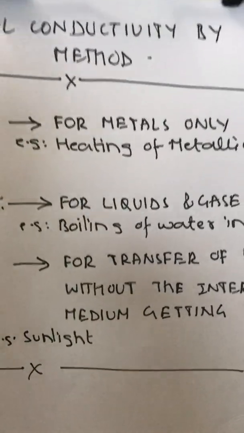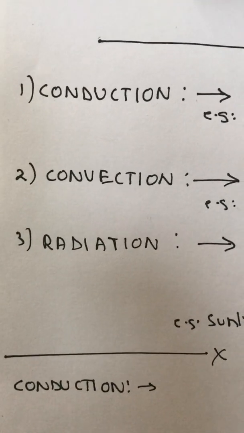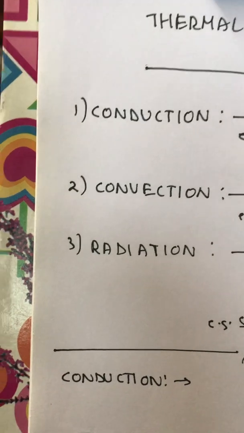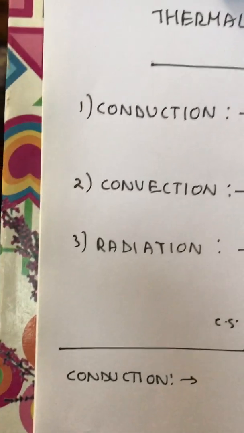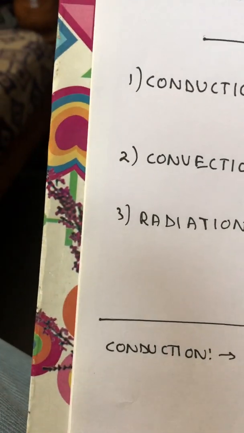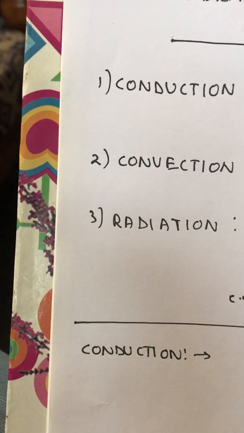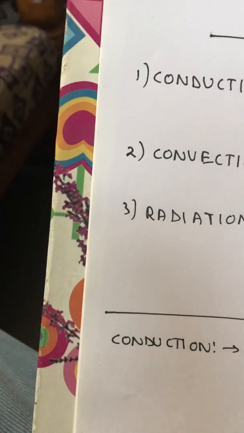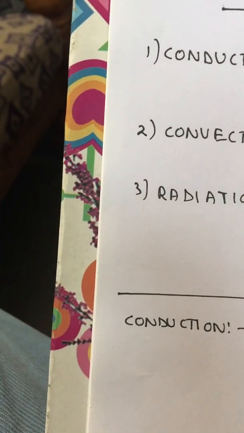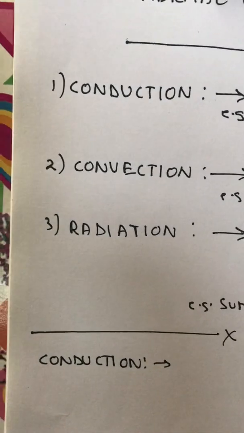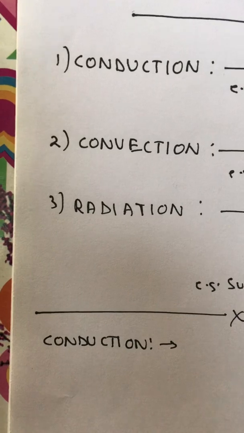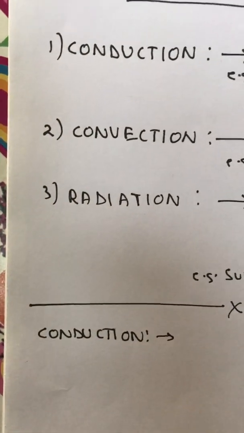And the very important thing for conduction is that there is no physical movement of the molecules of the metal. When the vessel was getting heated up, did you see the vessel shaking here and there? Or whenever you hold that rod in your hand, do you find that the rod is shaking or wriggling? No, it does not. That means in the process of conduction, there is no physical movement of the molecules. It is only the transfer of heat which takes place.